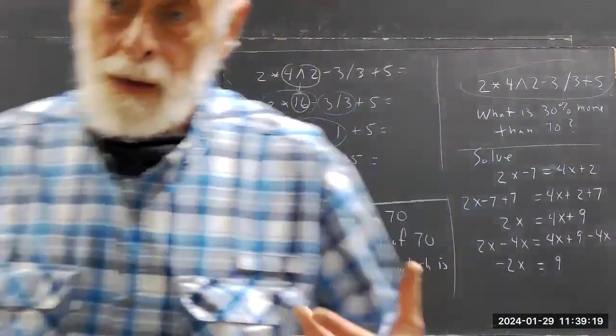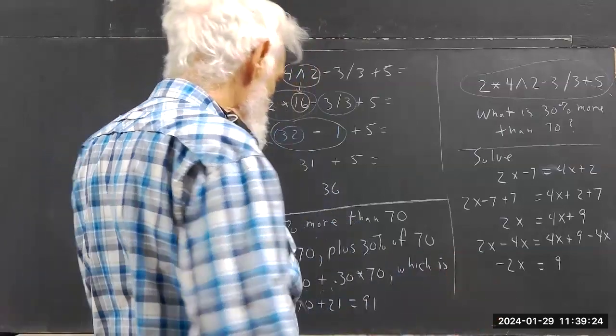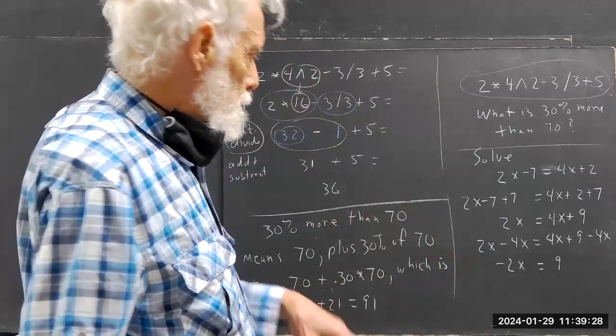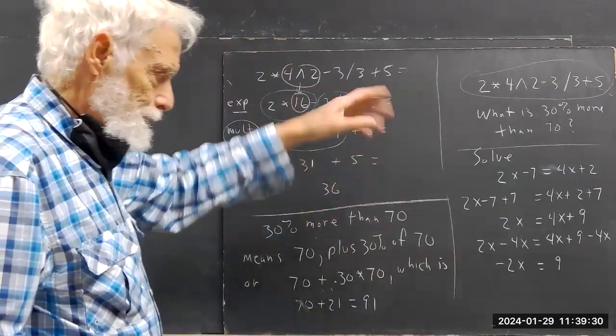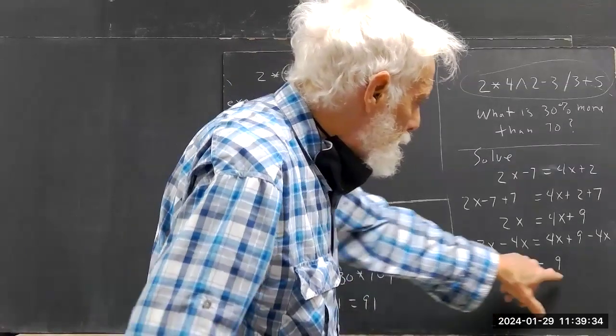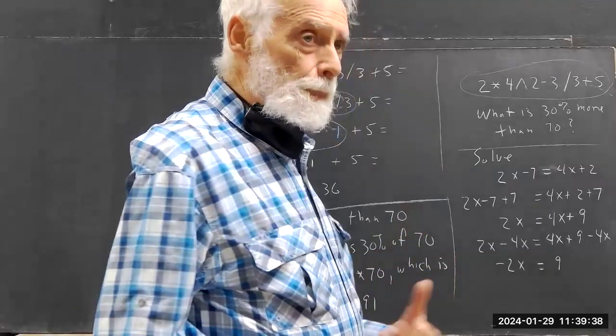With meter sticks, I can't multiply both sides by negative two, but with pulleys and stuff I could. But in this case, I'm going to multiply by negative one half.